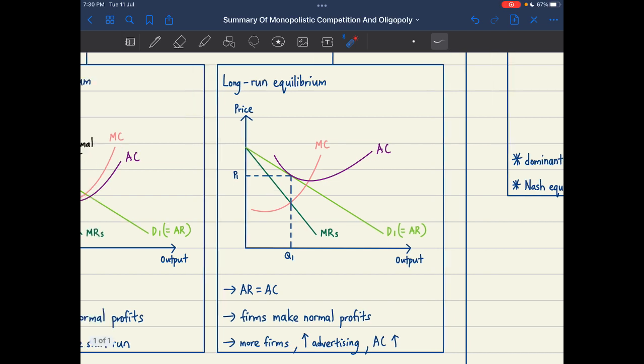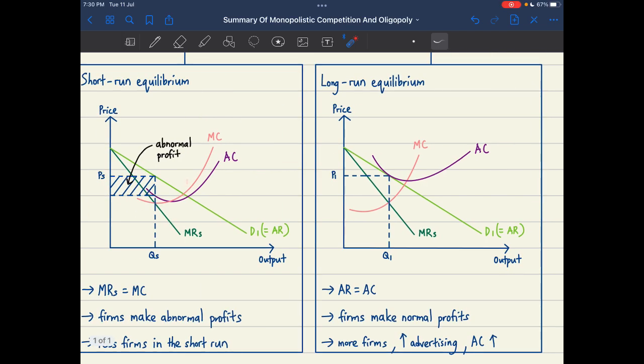When your average cost increases, you can see that supposedly the average cost position is somewhere around here. But for this one, it actually shifts up, and it's touching AC equals AR instead of the one that we are supposed to see here, where the AC curve is actually lower. But now the AC curve touches the AR curve, which is at point P1.